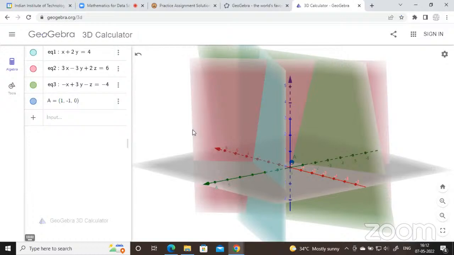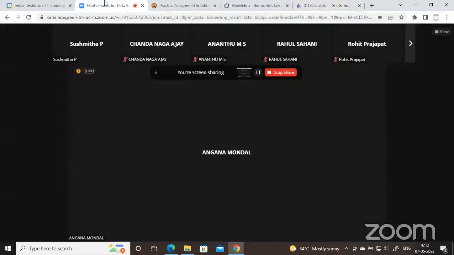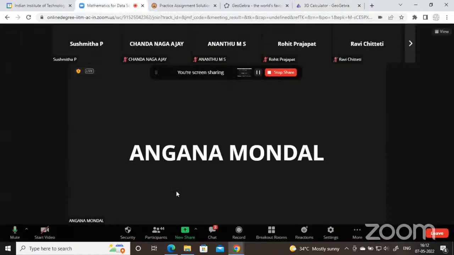Ma'am, if it gets extended, it overlaps with the statistics one, so we have to leave in the middle and join there. Sometimes a very important topic is discussed in the later part of the Maths 2 session, and we don't want to leave it.